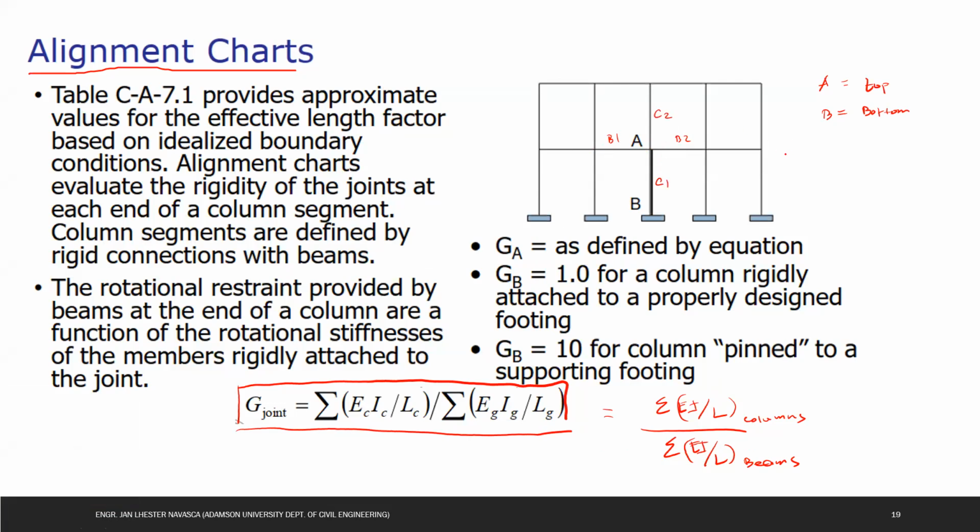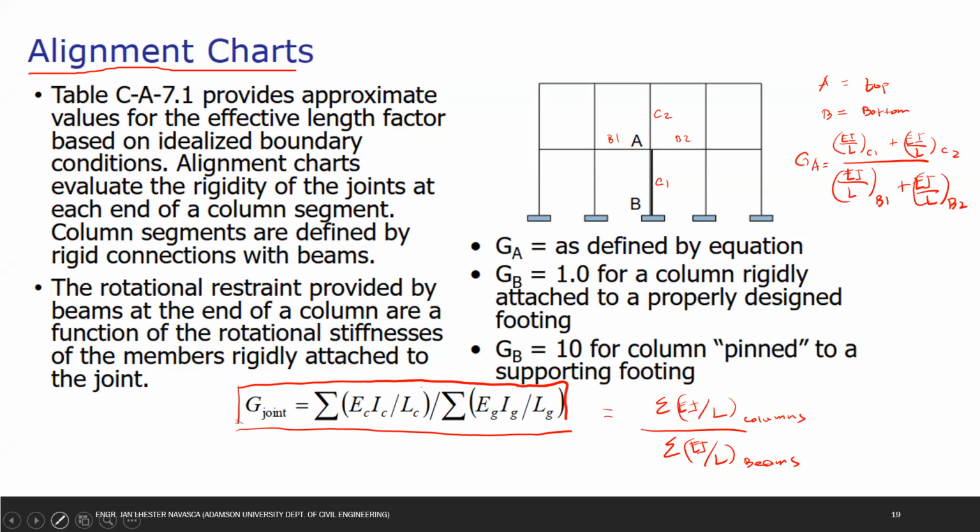So GA is equal to the EI over L of column C1 plus EI over L of column C2, divided by EI over L of beam B1 plus EI over L of beam B2.